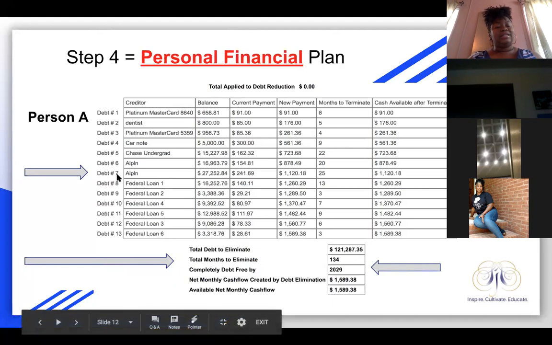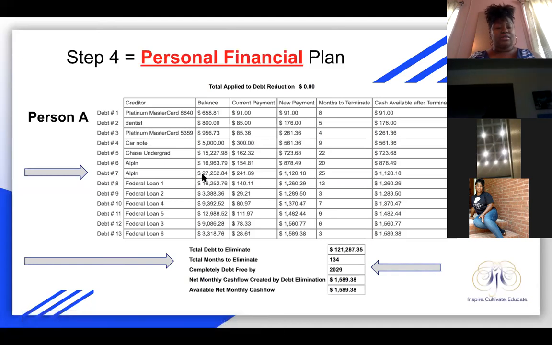Let's look at debt 7. This was the highest bill that they had, $27,000. And it would take them 25 months according to this financial plan, if they did absolutely nothing. Now, notice how once you pay off one, you take that money and pay off the next. It's called a snowball effect.